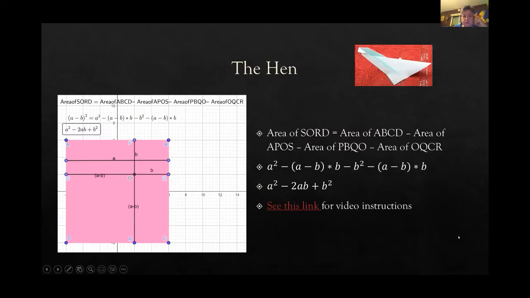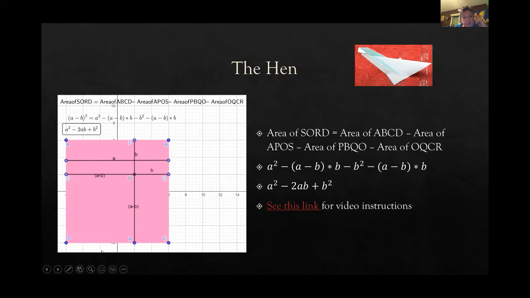This is how the hen would tie into special products. So when we do FOIL, we know that a minus b squared, for example, where does it originate from? A lot of students have trouble conceptualizing where the middle part of that formula comes from or how it's derived. And so this little square in the pink is the origami fold, and it shows you basically how we're subtracting areas.